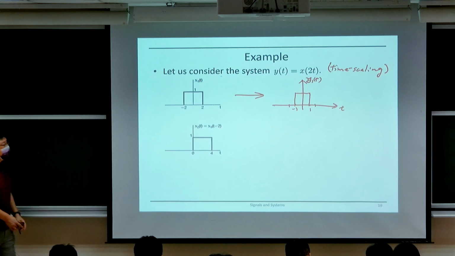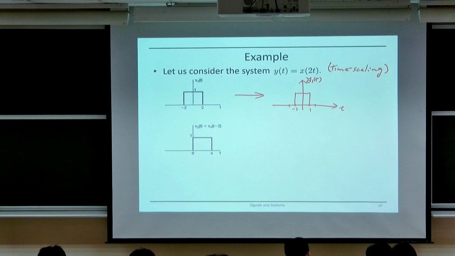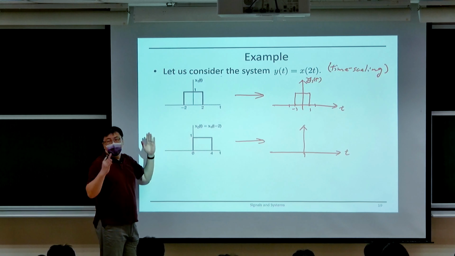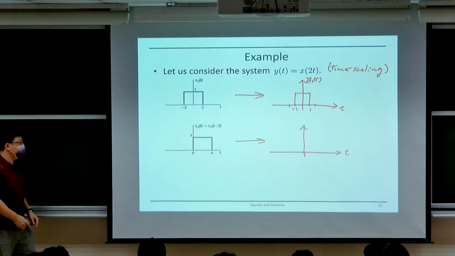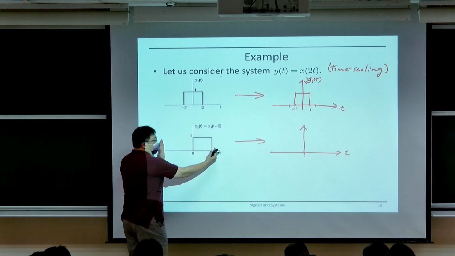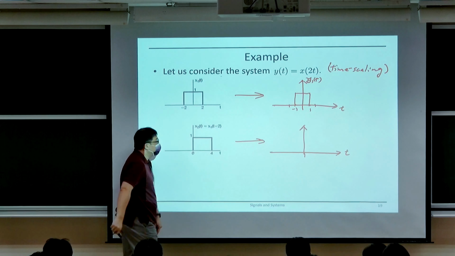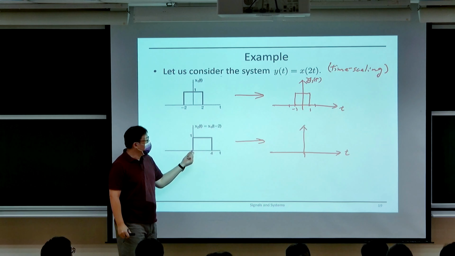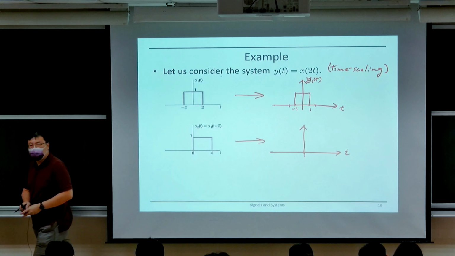If you insert x2 of t into the system, your output will be a compressed version of x2 by 2 times. So this is compressed towards the origin. Originally the signal is from 0 to 4. Now it becomes from 0 to 2.